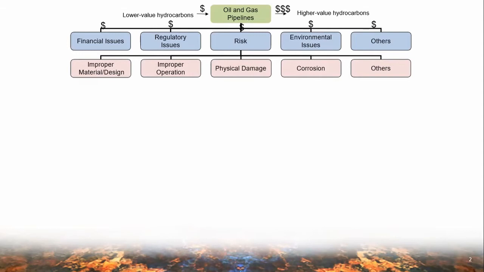However, during transportation, some dollar value is lost due to various reasons. Primary reasons include financial issues, regulatory issues, environmental issues, and risk in operating the pipeline.